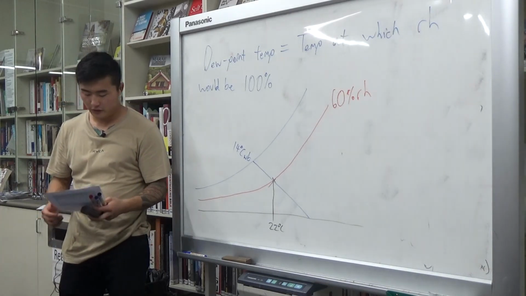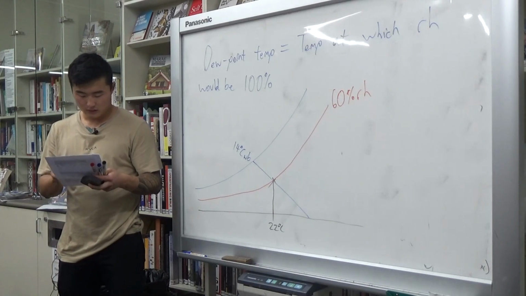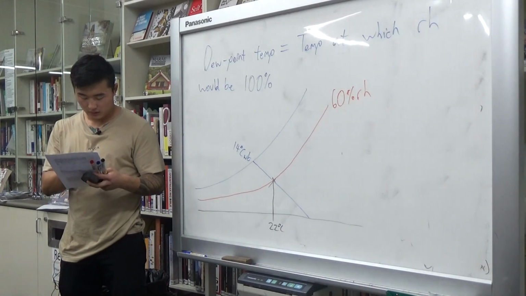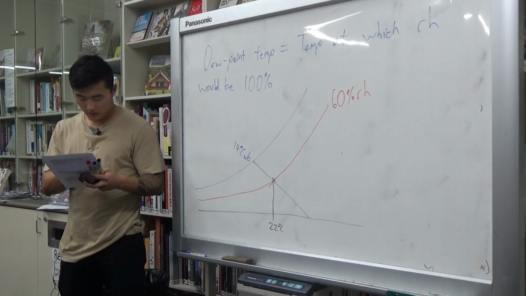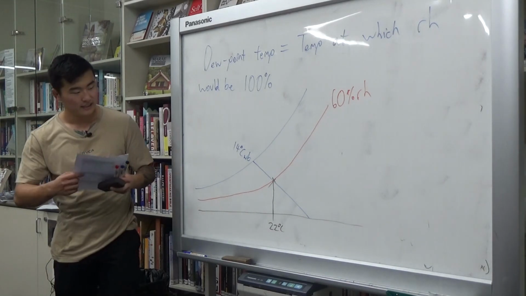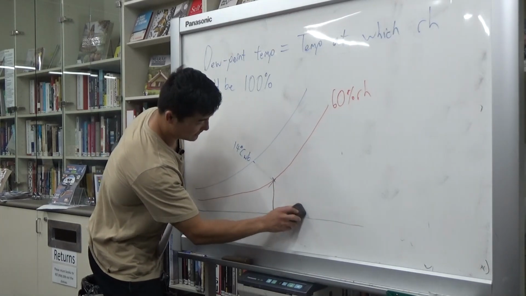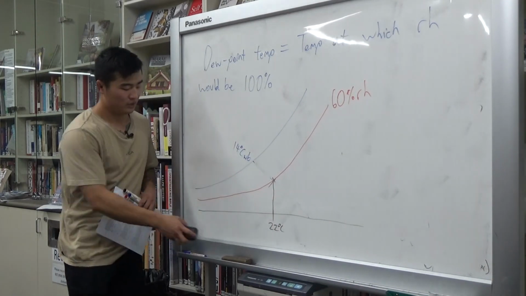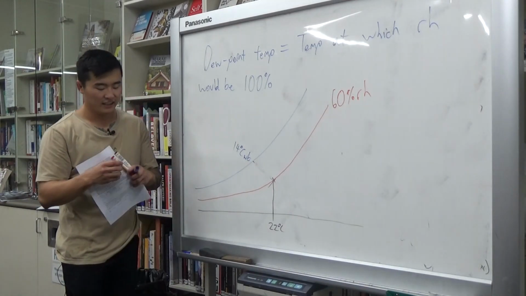Yeah. Wait, what is it? 60%? So if you look at your 22, sorry, the dew point, oh, my bad. Yeah, sorry. So because this is dew point, if they said it was wet bulb, you'd go down, you'd follow that diagonal line.